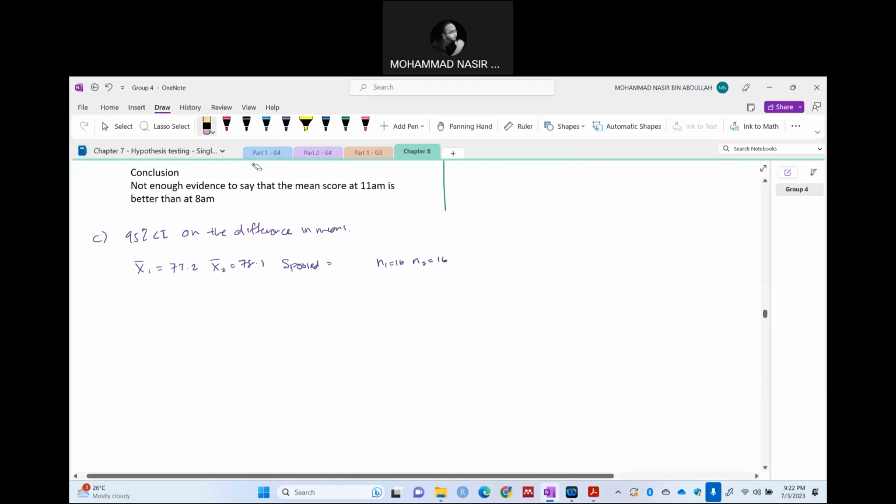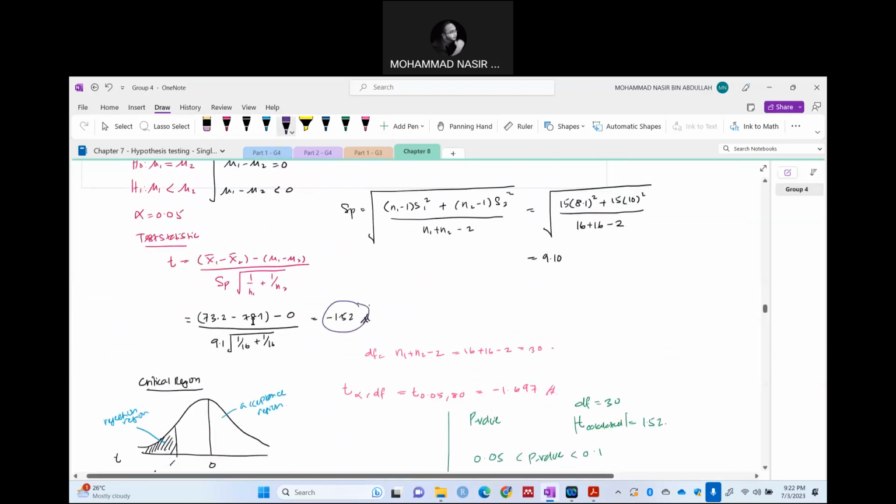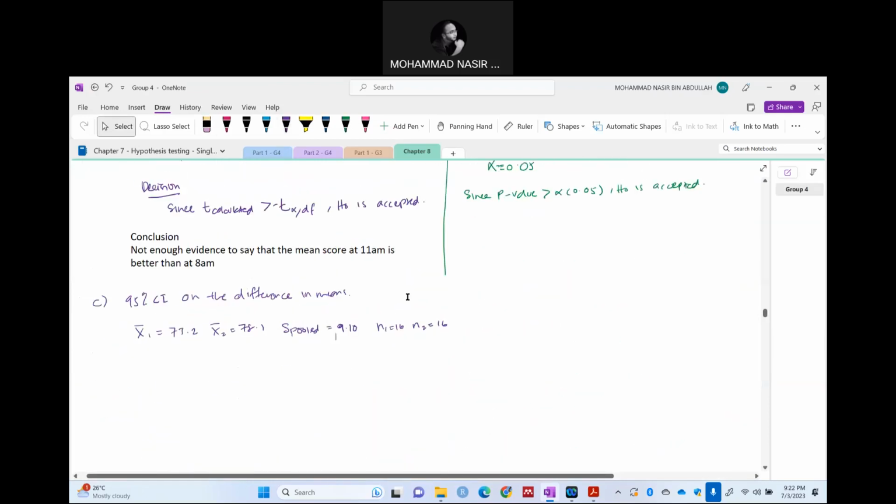So this one is 9.1, right? The pooled standard deviation is 9.1. This is the value that we pick up from the question.